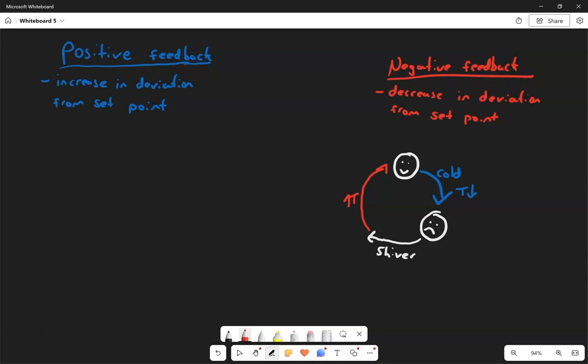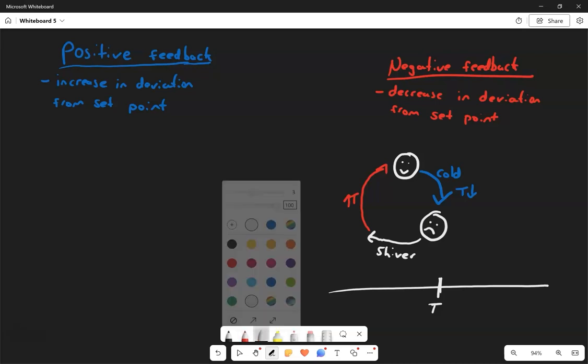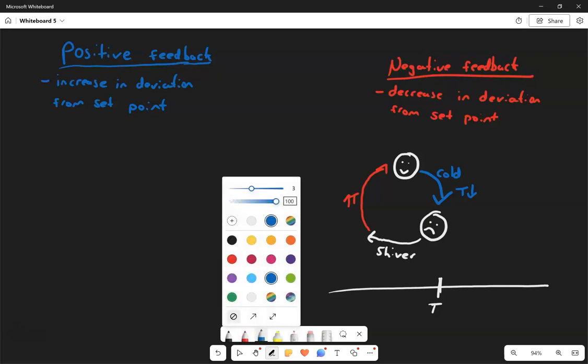So if we look at this, right, one way to think about this is if we have a number line, and let's say your base temperature is here, okay, and we go outside and our temperature comes down. And let's say our body temperature drops to here, right?